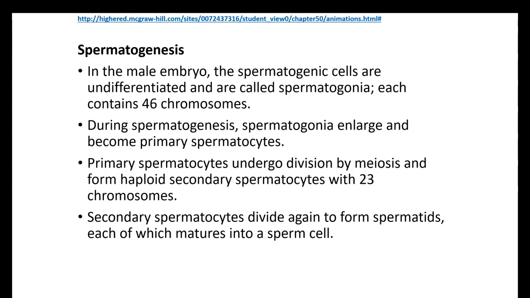Primary spermatocytes undergo cell division by meiosis, and they're going to form those haploid secondary spermatocytes with only 23 chromosomes now. Secondary spermatocytes will then divide again to form spermatids, each of which matures into a mature sperm cell. And remember, once they're spermatids, then they're going to go to the epididymis in order to mature.